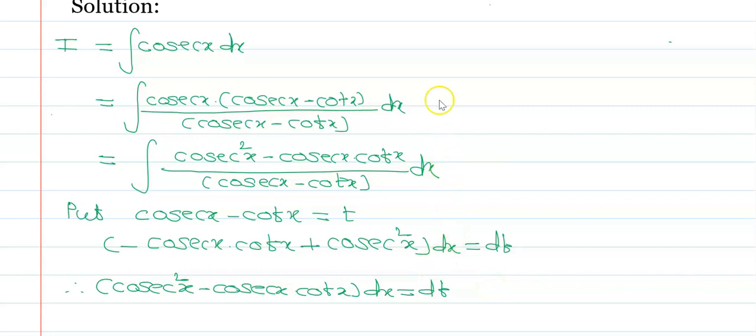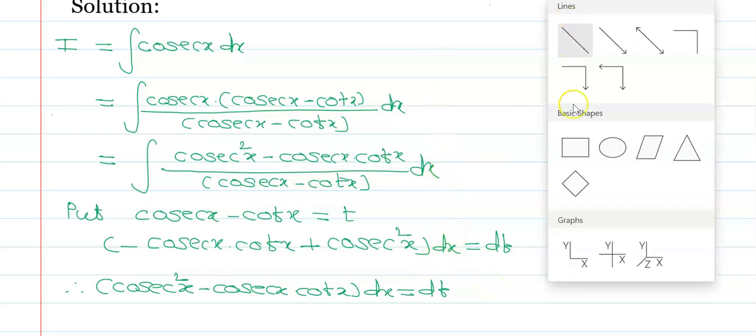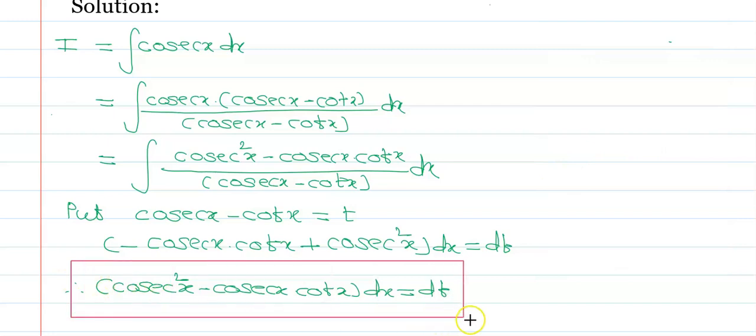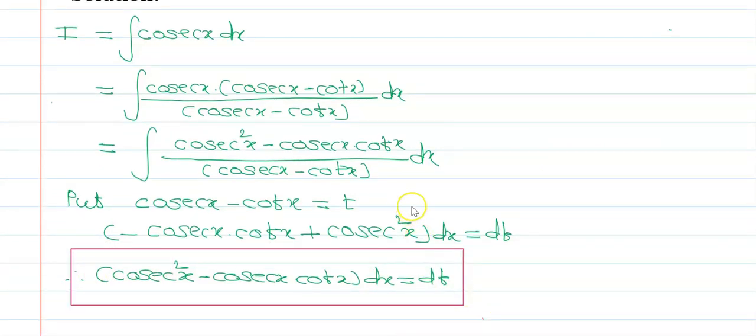Okay, now this is important. Now see this here, our integral I is equal to cosec square x minus cosec x into cot x upon cosec x minus cot x into dx.